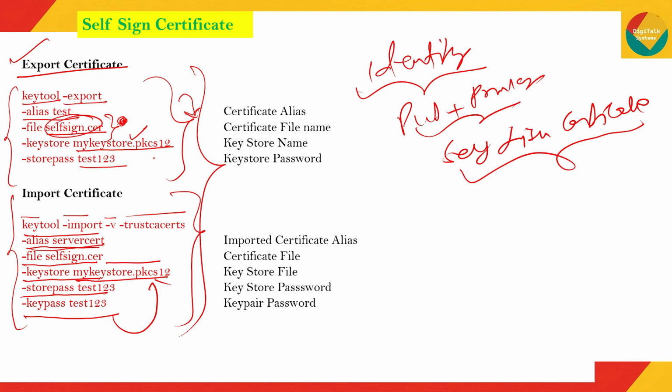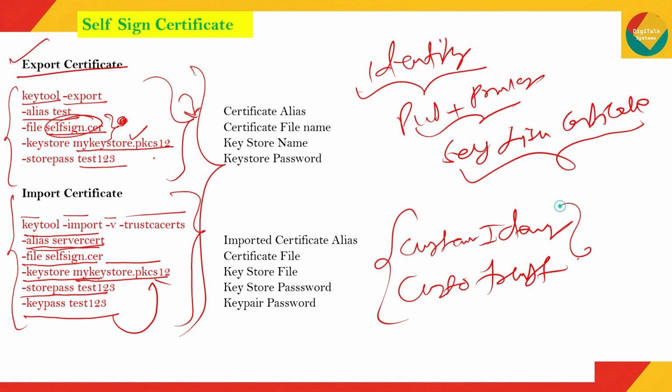Once this is imported, we can configure this as our custom identity and custom trust from the WebLogic console. So the same keystore is going to act as the identity, and the same keystore is going to act as the trust store. Let me execute this command quickly, and then I will show you how to configure it from the WebLogic console.